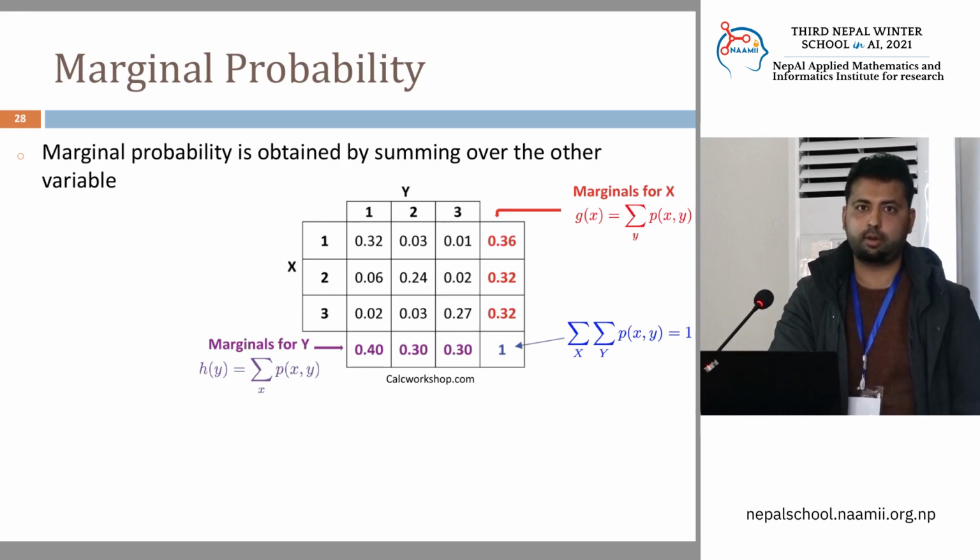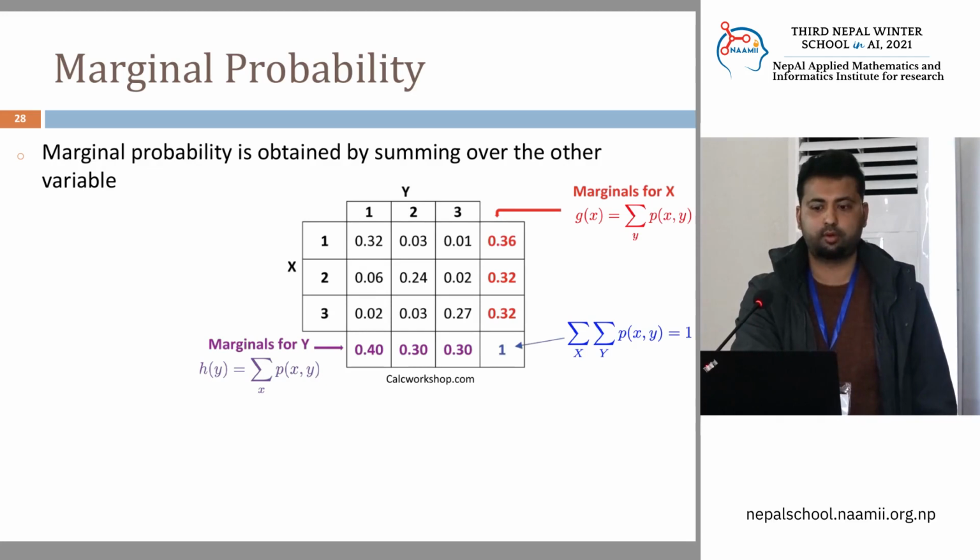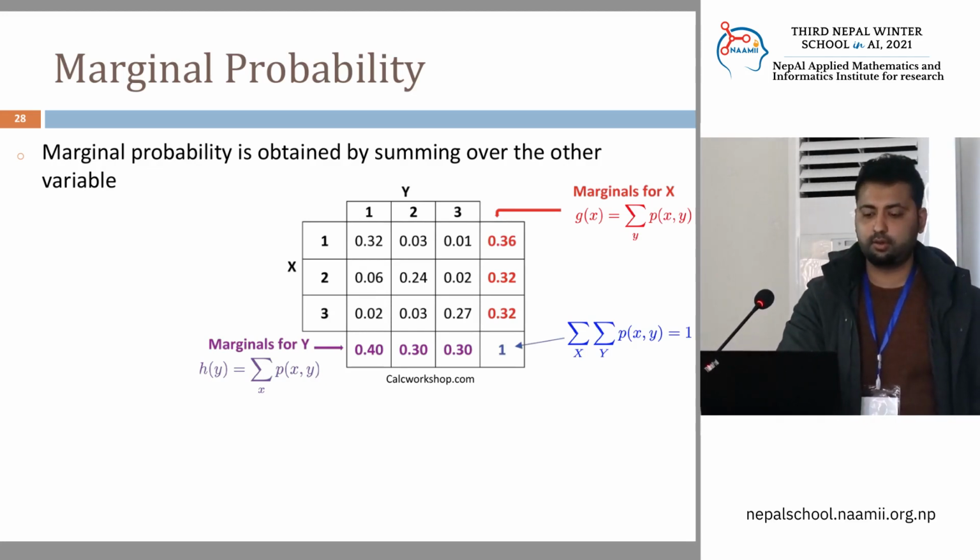I just care about the die, and for some reason somebody gave me this probability table, but I don't care about the card at all. So just give me the probability of the die rolling equal to 1. Then what you need to do is look at all the events when the die rolls 1, look at all the cards and sum up all those probabilities. Then this is the probability that you would get a die equal to 1, because in all those instances the die was rolling 1, right?